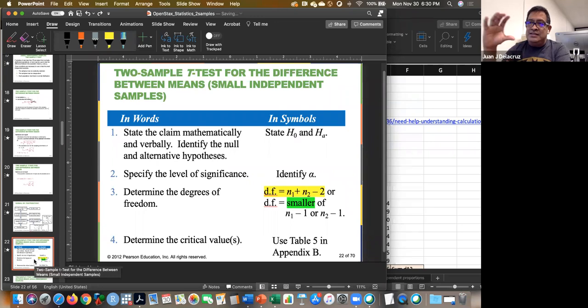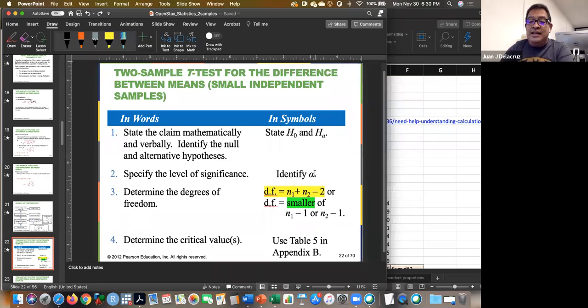Remember, every time we see a statement, we have to convert this verbal statement into a mathematical one. H naught is the hypothesis that we are going to prove, and H sub A tells me the type of test. If we have less than, greater than, or non-equal, that implies a different type of test.